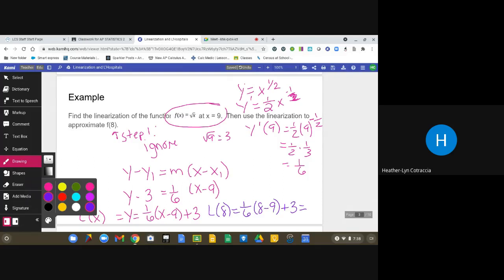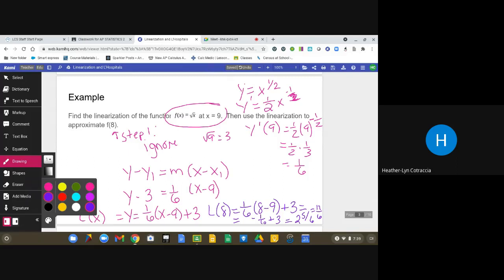Negative 1 times a sixth is negative 1/6 plus 3, which is equal to what? 2 5/6, which is equal to 17/6. Lots of different ways to write that answer. You could get the decimal approximation from there.